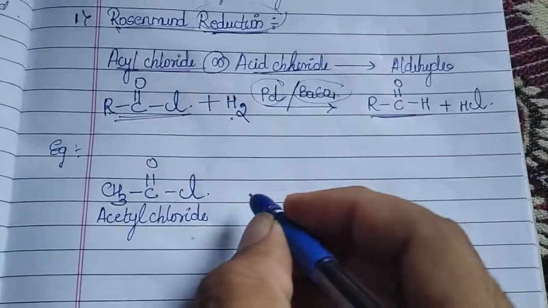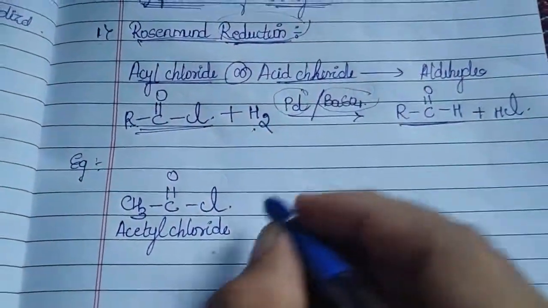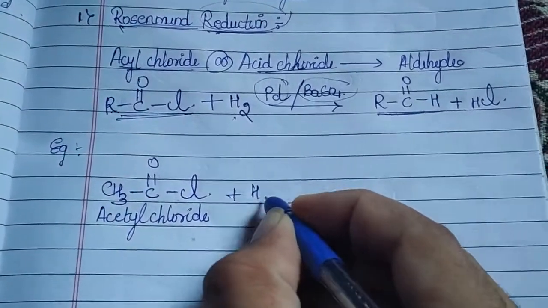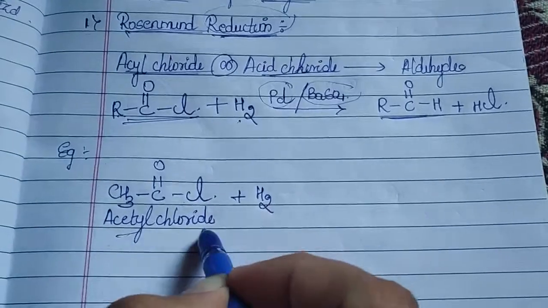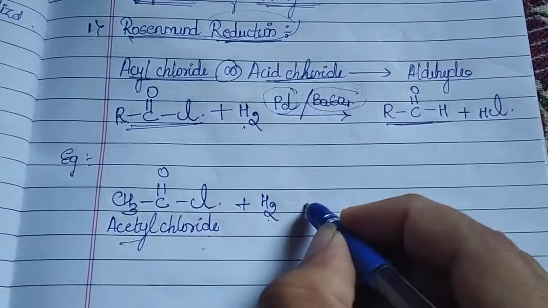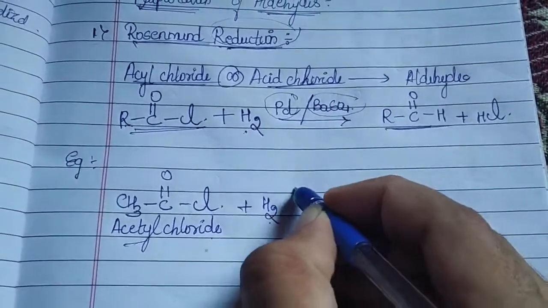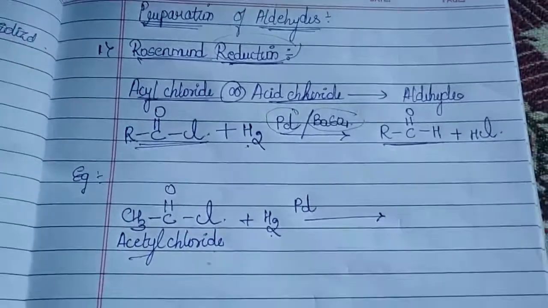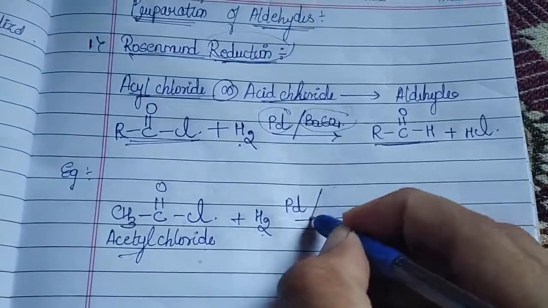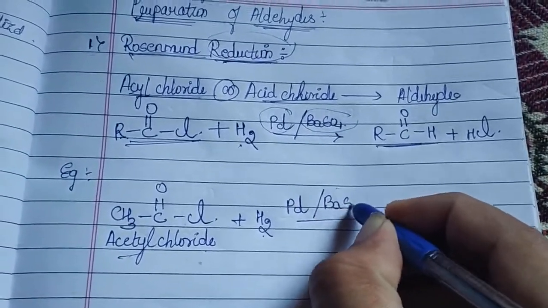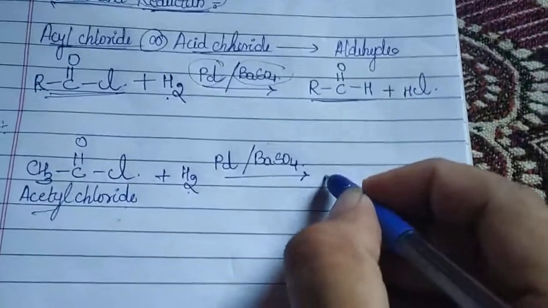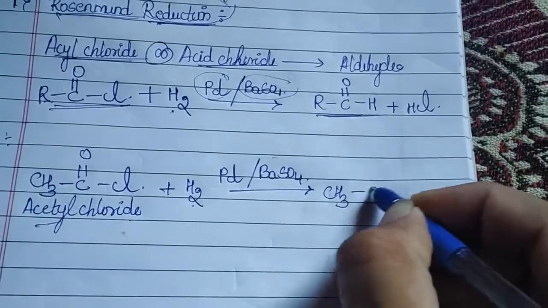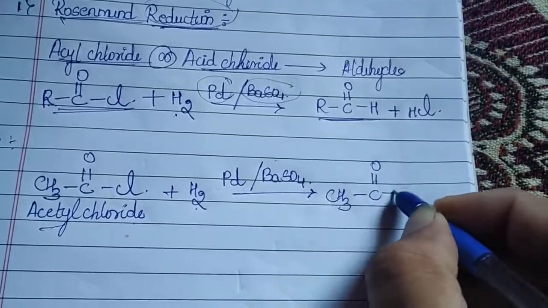When acetyl chloride is heated with hydrogen in the presence of palladium catalyst supported over barium sulfate, what aldehyde are you going to get? Acetaldehyde is obtained.